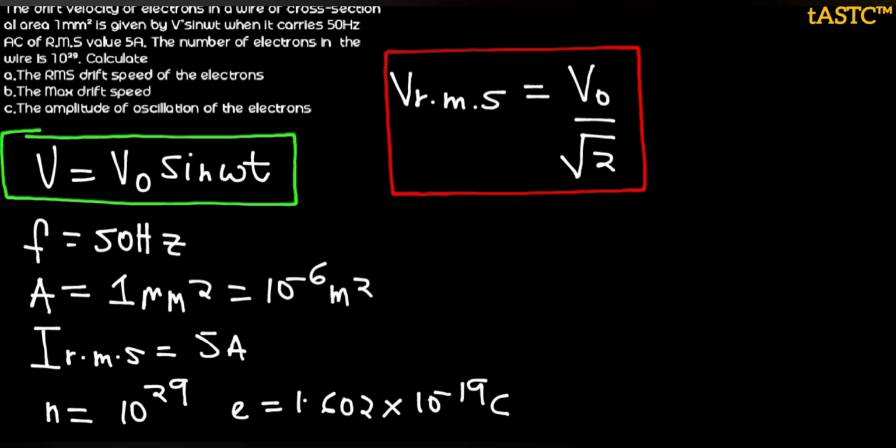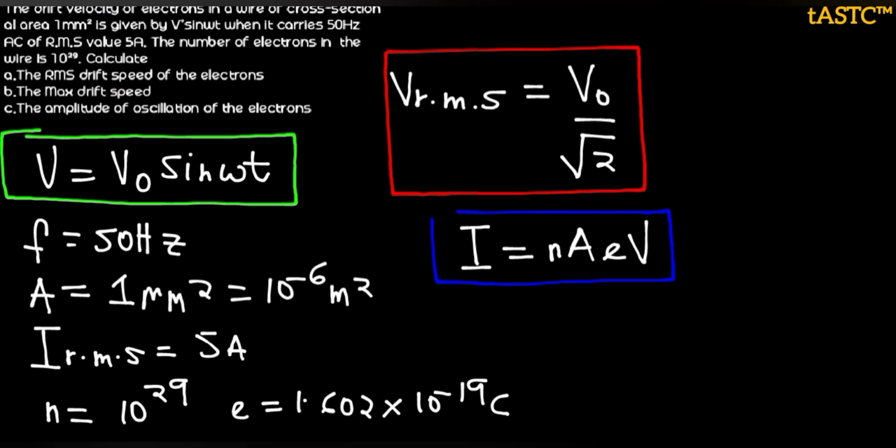Now, what is that formula that relates between the drift current as well as the drift velocity? Now, we know that the current that runs within a conductor that has some amount of electrons going within it with the cross-sectional area, that is represented as N multiplied by A multiplied by the charge of the electron multiplied by V. You need to hold this formula at the back.